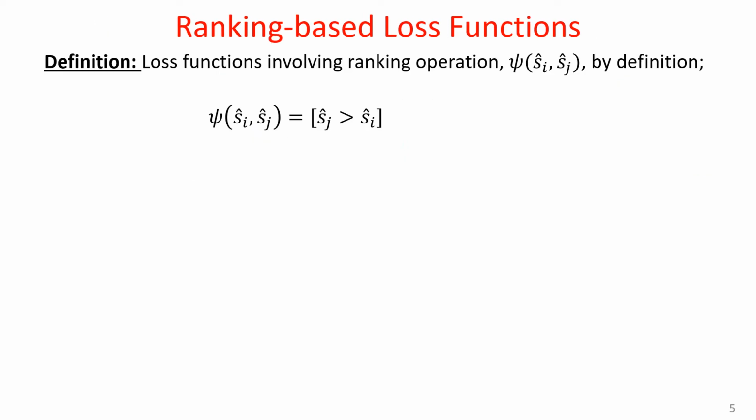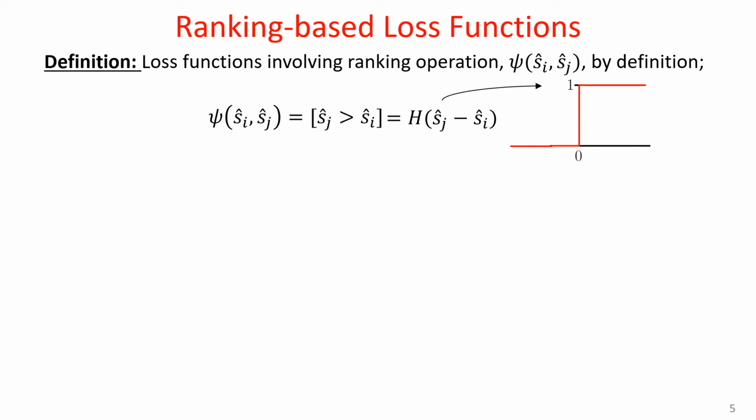We will refer to such functions as ranking-based loss functions, which can be defined as the loss functions involving a Boolean comparison, psi, between two different model outputs, Si and Sj. The comparison function can be represented by Heaviside step function h, considering the differences of these model outputs, which is non-differentiable.